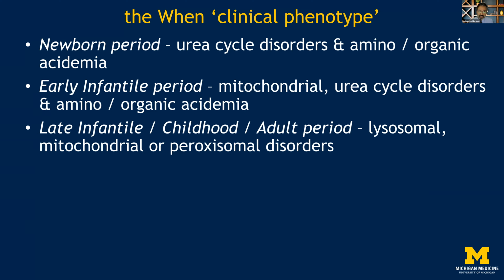Or it can be seen in the early infantile period, typically mitochondrial, urea cycle, amino or organic acidemias. For patients presenting late in infancy, during childhood, juvenile, and adult periods, you want to think of a different set of disorders that are predominantly lysosomal, mitochondrial, or peroxisomal disorders.